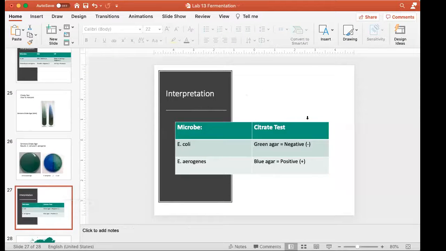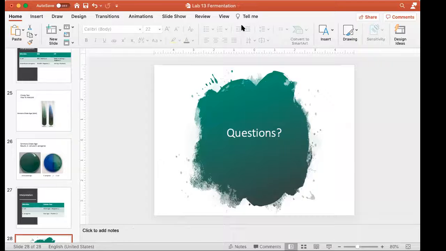So again, the citrate test is really nice for distinguishing certain organisms from each other, including these 2. E. coli is negative, Enterobacter is positive. All right, any questions?